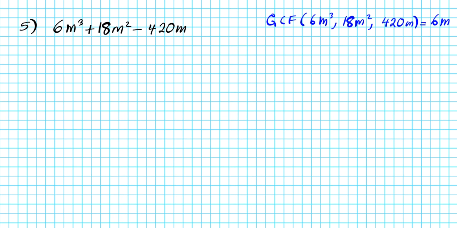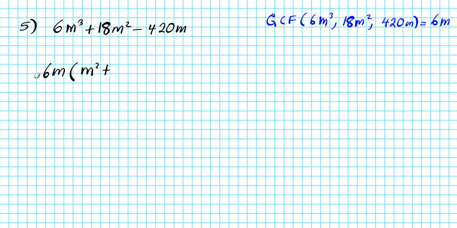So what we're going to do now is proceed to factor out 6m from all three terms. If we factor out 6m, it is as though we're dividing every single term by 6m. So 6m to the third divided by 6m gives you m squared.